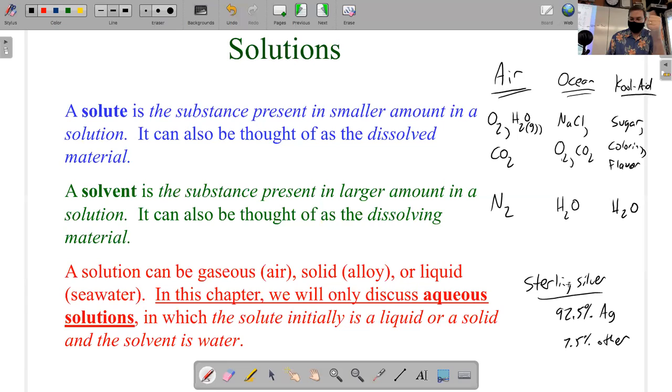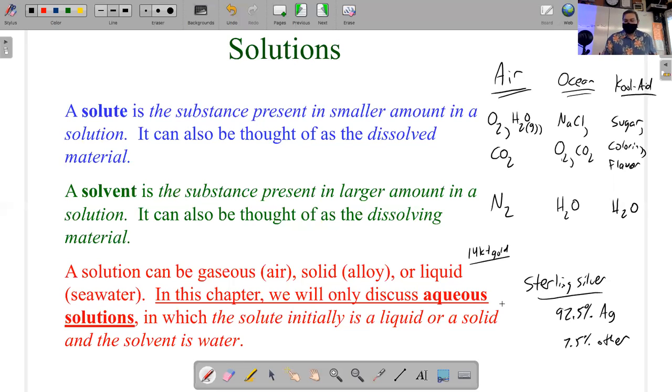Same with gold. So it turns out if you have 14 karat gold, it's 14/24 gold, and then the remaining portion, the other 10/24 portion, is silver or some other kind of metal, because there are different colors of gold. You know, gold could be white gold or gold colored gold and whatnot.